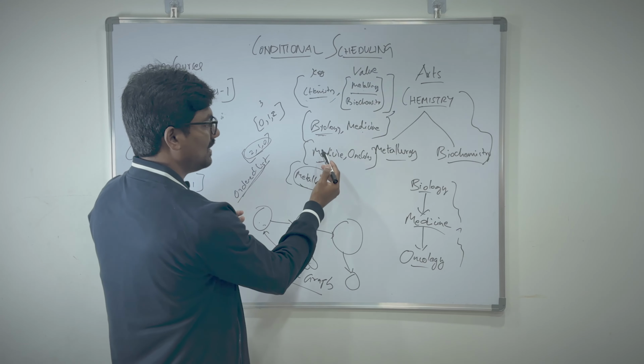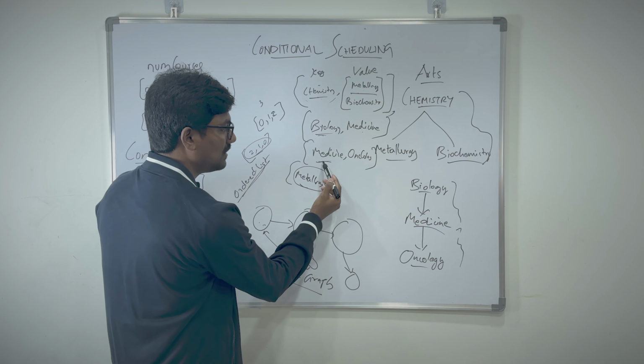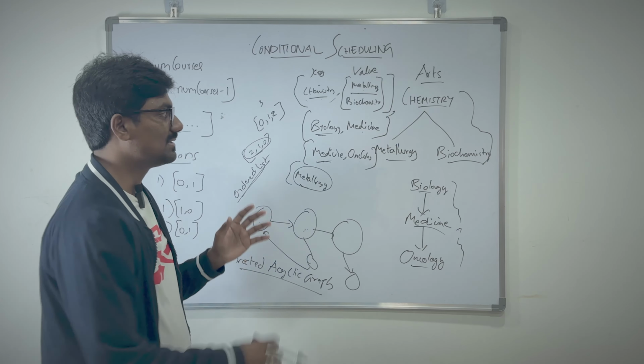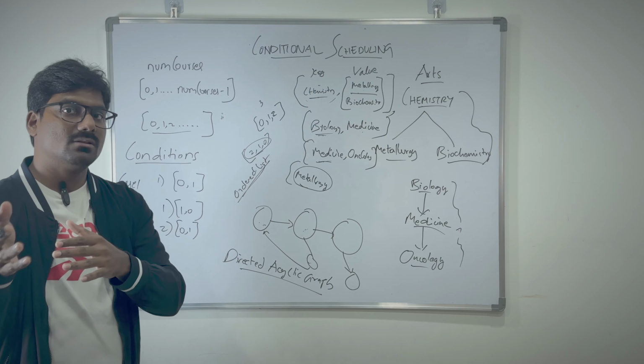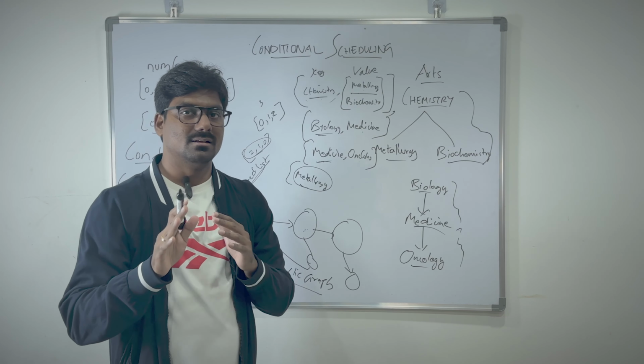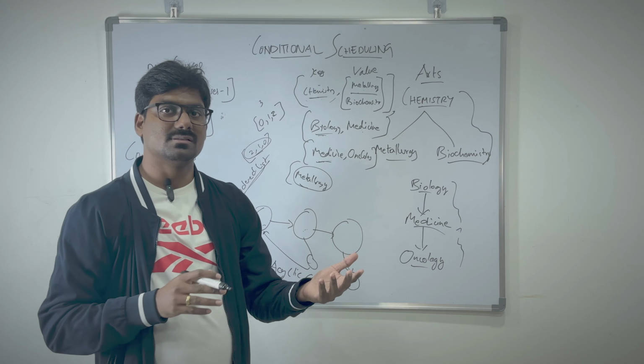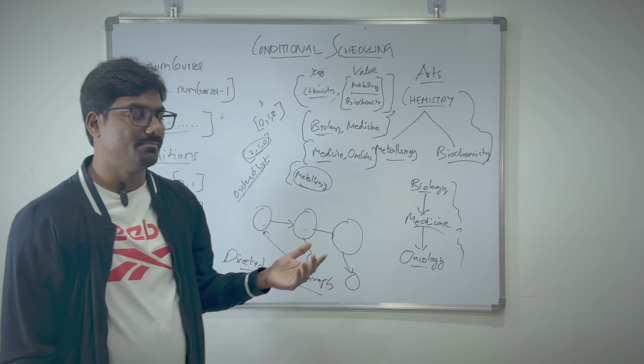If it exists, then you take that as source and go to the destination, which is oncology. It is like from one course to another course you are creating a path, such that if you finish one important course, then you go to the next important course.